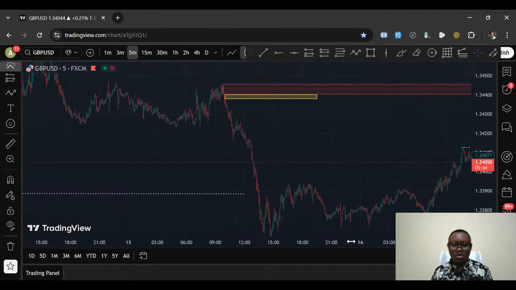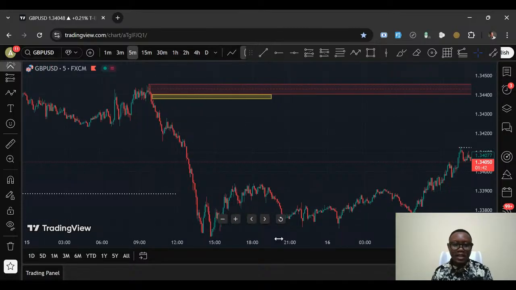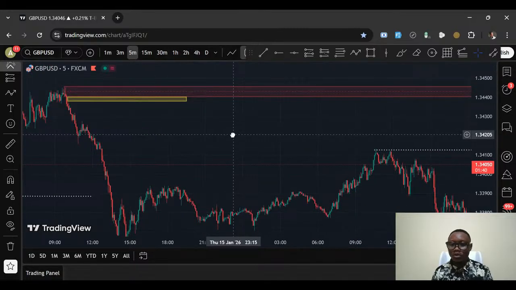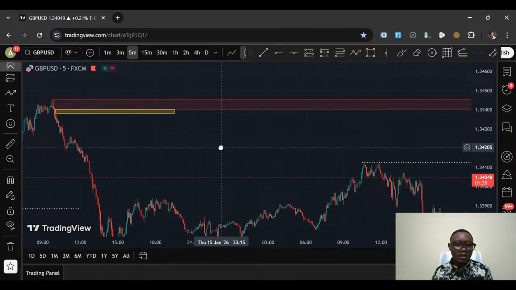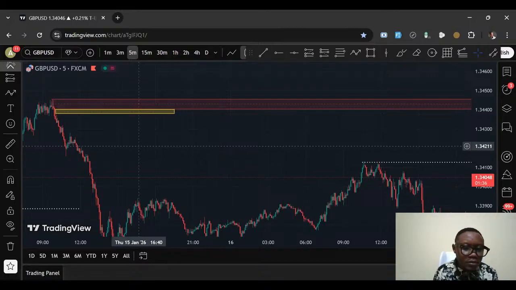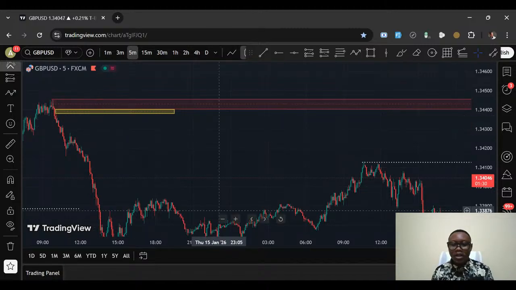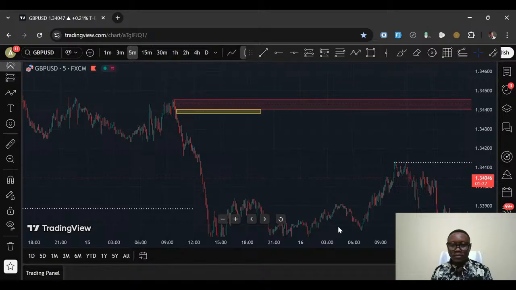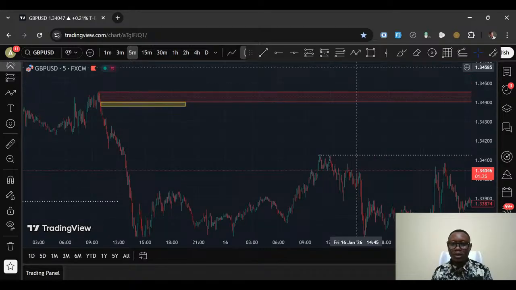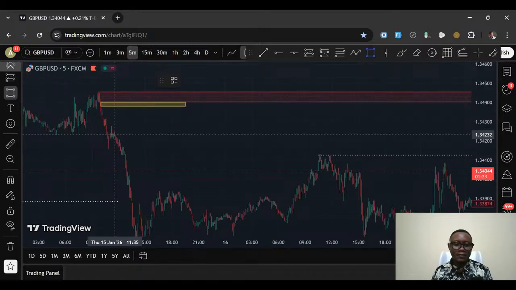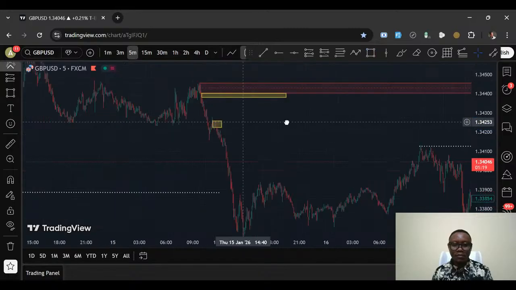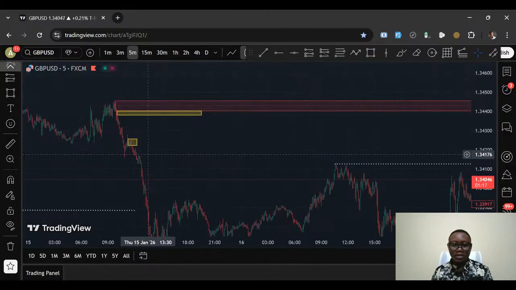So you see how we're able to refine our zone, and now we have this, we have this. We have another zone here. We have another zone here.